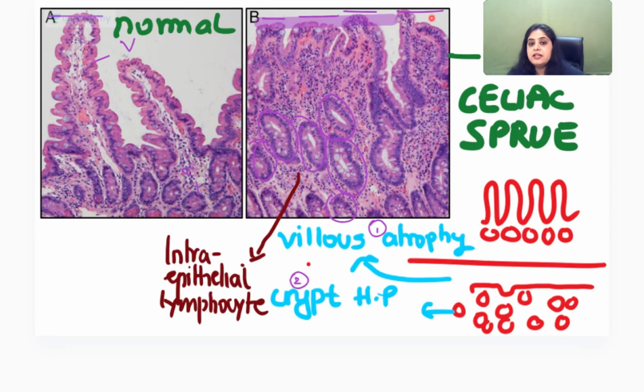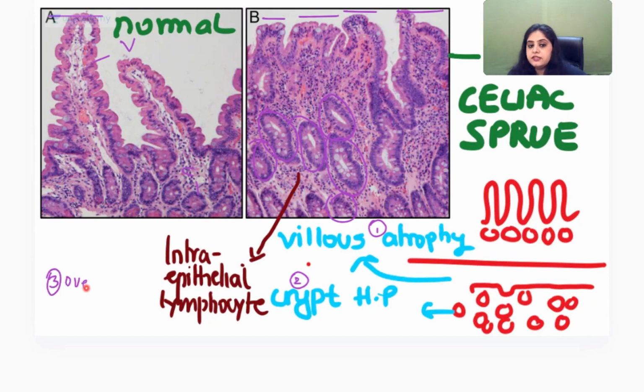So we have the villi that are atrophied, and then we have crypts which are hyperplastic. Don't you think the overall thickness is maintained? If one is getting flattened, the other is increasing. So the overall thickness of the biopsy is maintained. That is number 3.